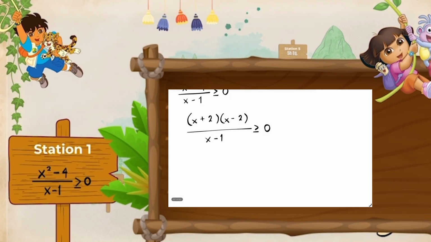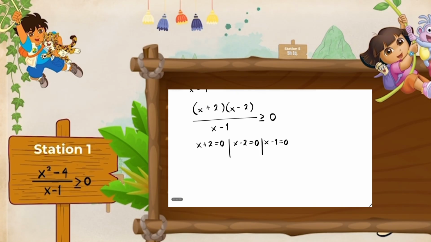Now, let's get the critical values. When we say critical values, it's the values of x. So, x plus 2 is equal to 0, x minus 2 is equal to 0, and x minus 1 is equal to 0. We're just going to transpose the numbers to the right side and change their signs.